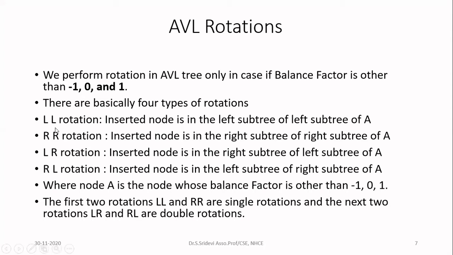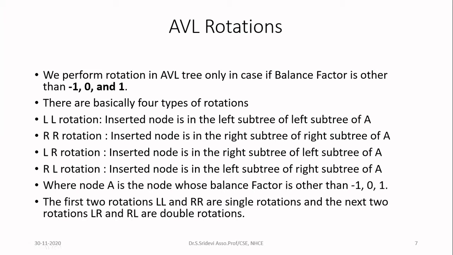So there are 4 different types of rotations: LL rotation, where L stands for left and R stands for right, then RR rotation, then LR rotation, and finally RL rotation. We have 2 different directions, left and right, and with 2 elements, you have 2 power 2, that is 4 combinations. Here, in the first 2 rotations, LL and RR, the letters are the same.